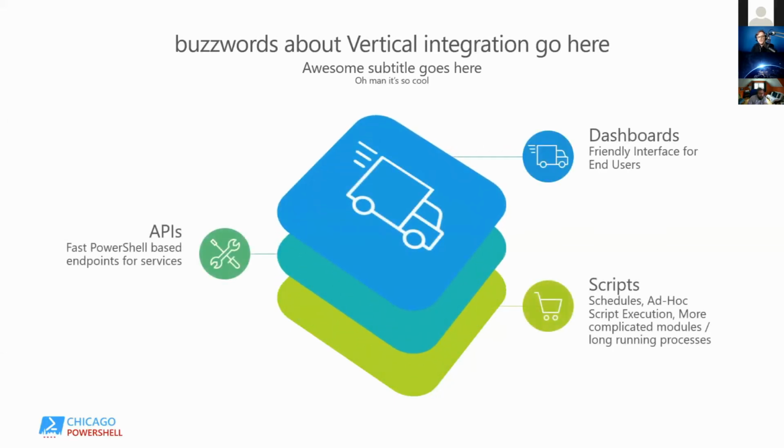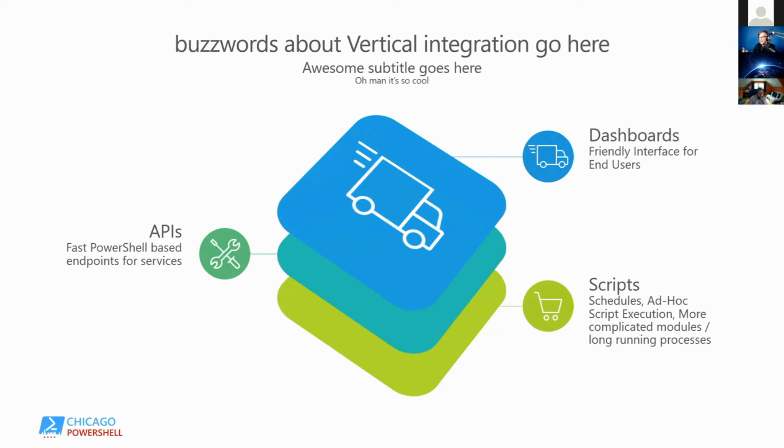So here's my awesome vertical integration buzzword slide. But again, the idea here is that with dashboards, we can build friendly interfaces for our end users. In previous iterations of Universal Dashboard, you could do that, but if you wanted to build a tool with it, you basically had to mix your script, your actual processing, your notifications, your data handling in with your dashboard script.